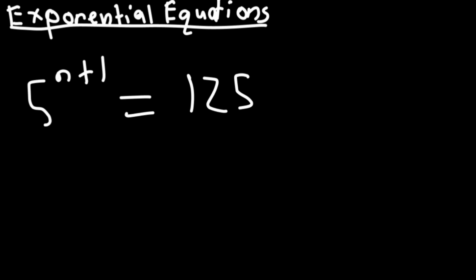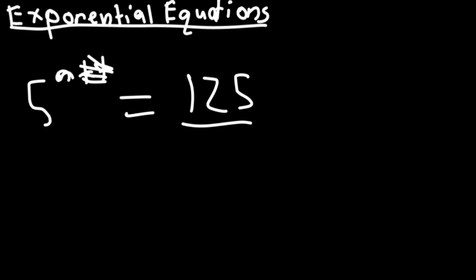So this is simple. This is nothing really hard. Now, the first thing to do is basically just, for now, ignore this plus 1. Pretend you just have 5 to the power of n is equal to 125. Now, this is easy. Like we said, all we need to do is we need to turn this 125 into a power of 5.